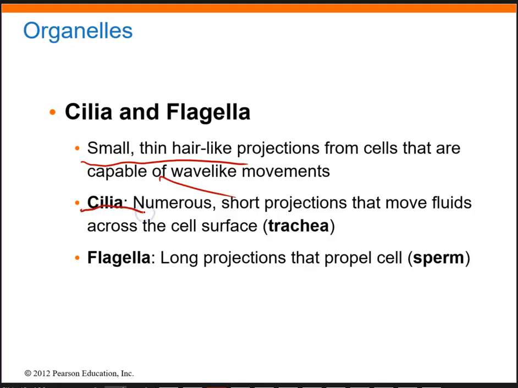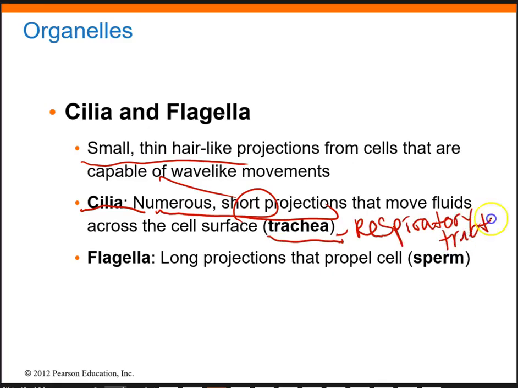When we look at cilia, they are numerous short projections. So there are tons of cilia that stick off of the surface of the cell. We happen to have them in the trachea. Really, we have them lining most of the respiratory tract, which brings air down into our lungs.